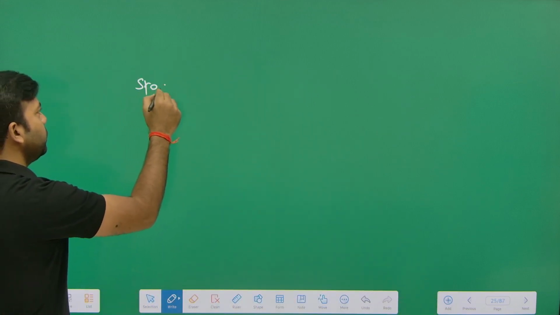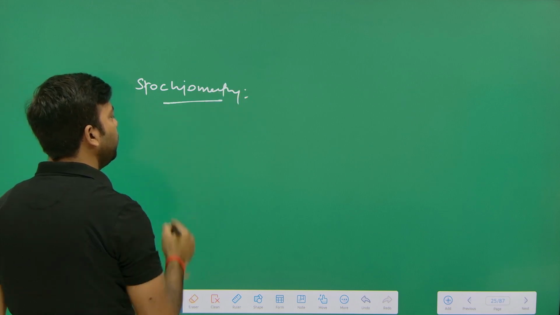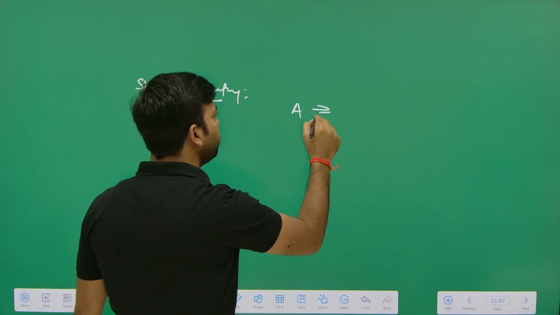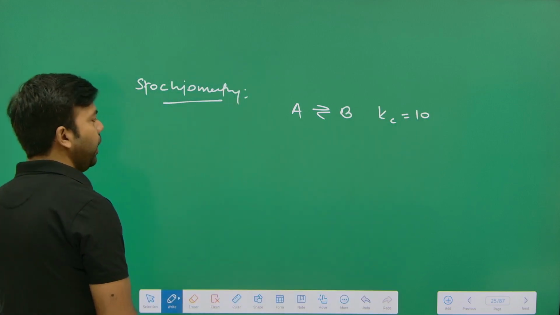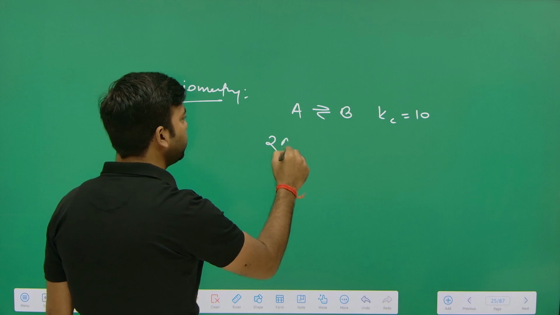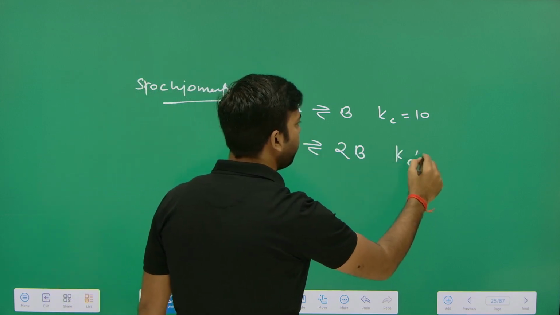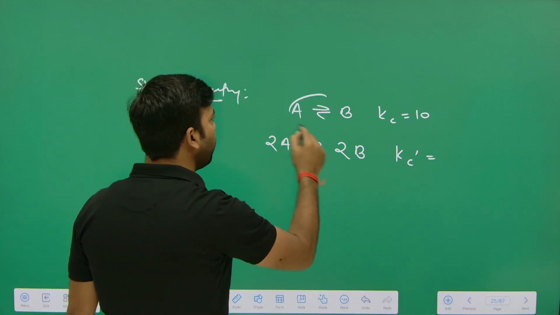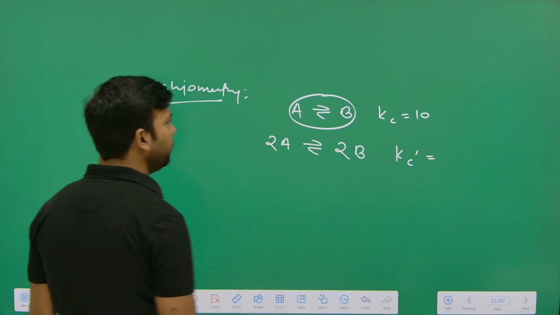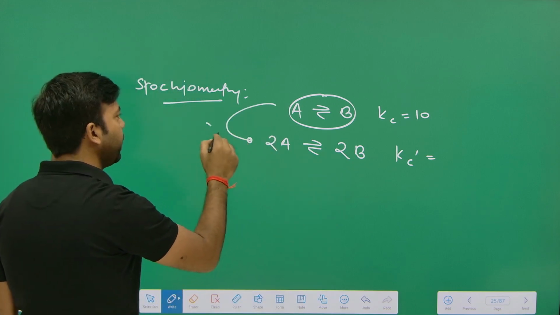The second factor is stoichiometry. Suppose we have a reaction A to B and Kc is supposed to be 10. And I am asking what should be the new Kc for the reaction 2A to 2B. If you compare both reactions, this time the reaction is not reversed. It's the same, A to B, A to B. The only difference is that it is multiplied by a factor of 2.